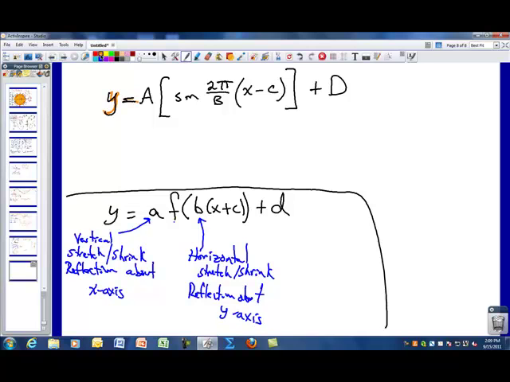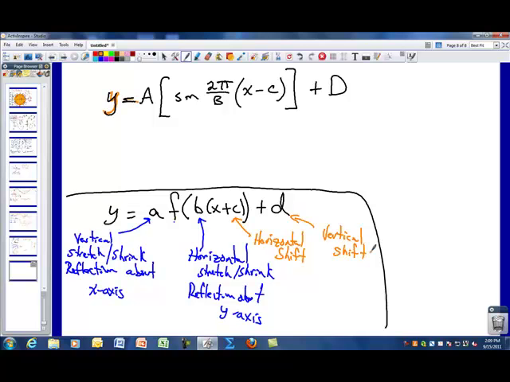The C on the inside deals with a horizontal shift. You might shift it left or right. And the D at the end deals with a vertical shift, shifting it up or down, whatever your function is.